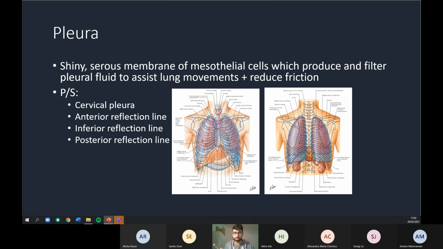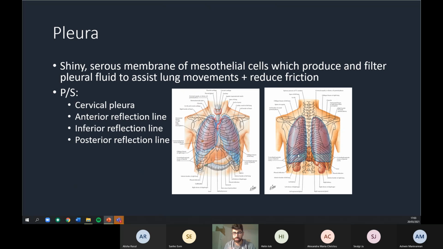For the lungs and also the pleura, there are these reflection lines. An anterior reflection line in the book connects these different parts of the lines, and you need to know roughly where the pleural extensions are located. But it's important to note that the pleural lines are different to the pulmonary lines, these lung lines, these projection points on the anterior or posterior thoracic wall.